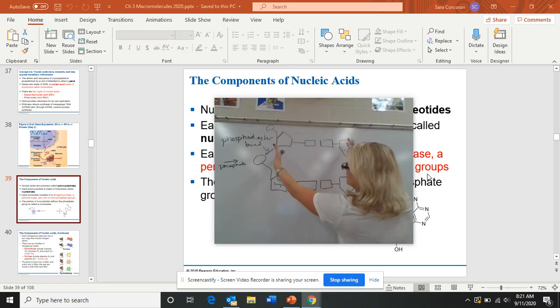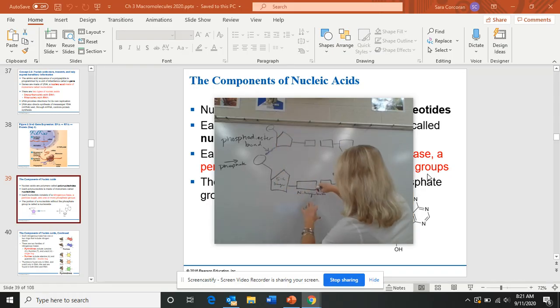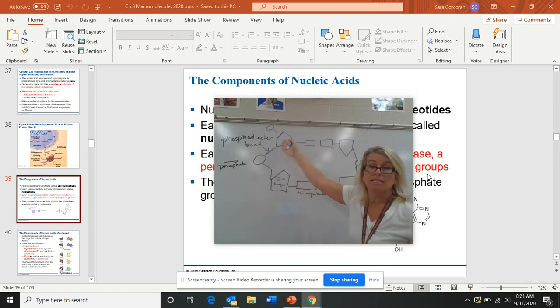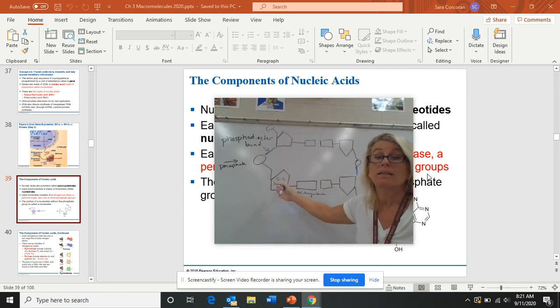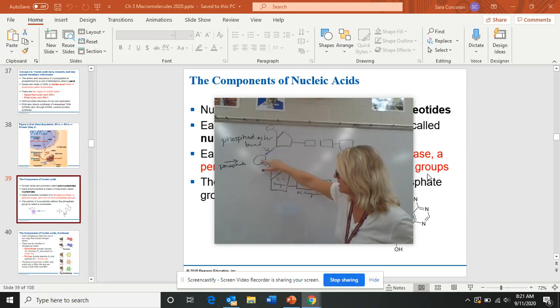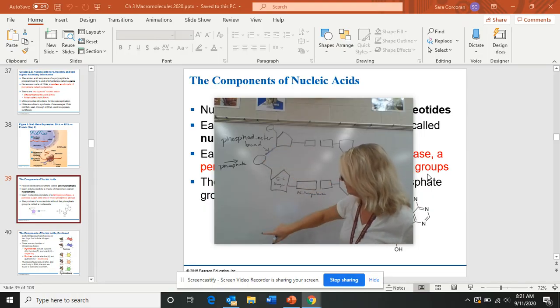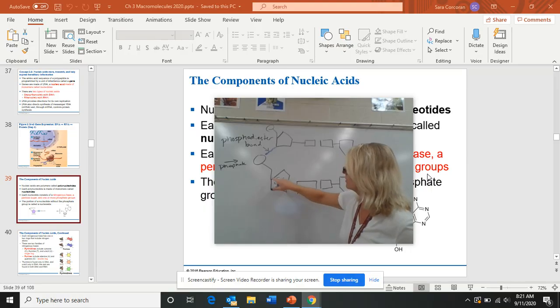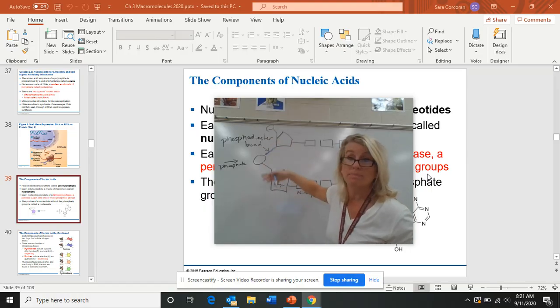So if this is a ladder and it were continuing to be built down the board, I would climb up the nitrogenous bases. The sides of the ladder are going to be bonded with phosphodiester bonds between the phosphate and the sugar. So it would be sugar, phosphate, sugar, phosphate, sugar, phosphate, sugar, phosphate up the sides.